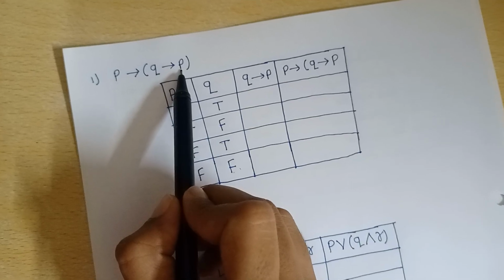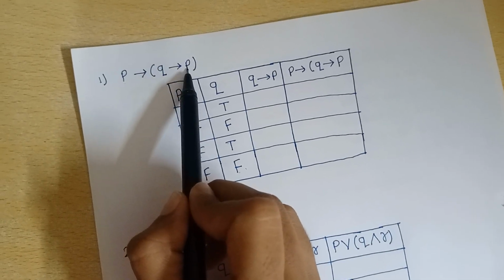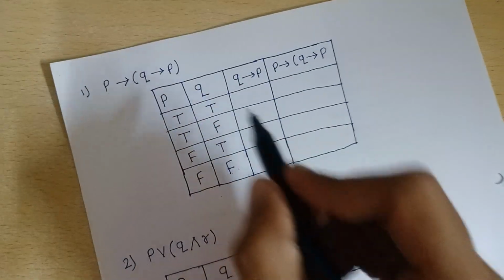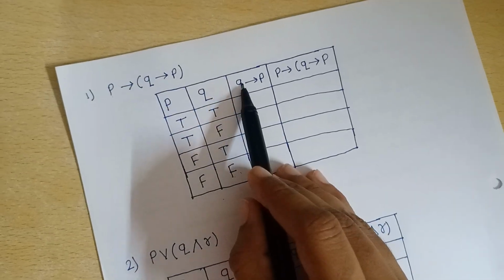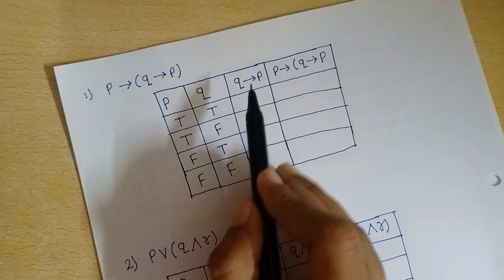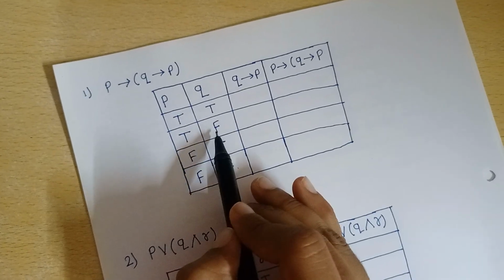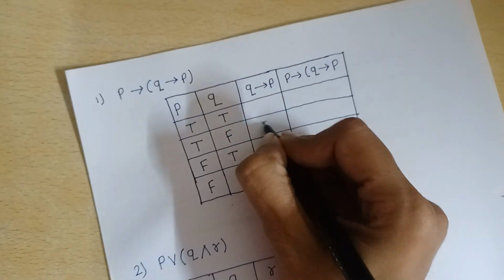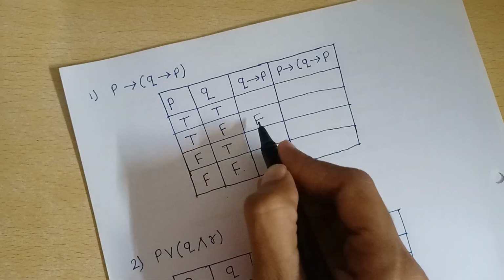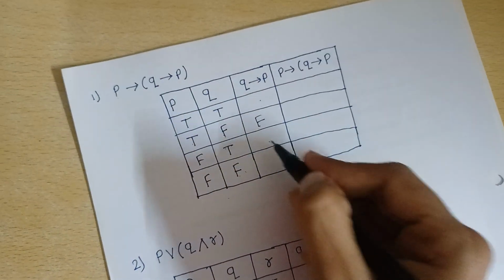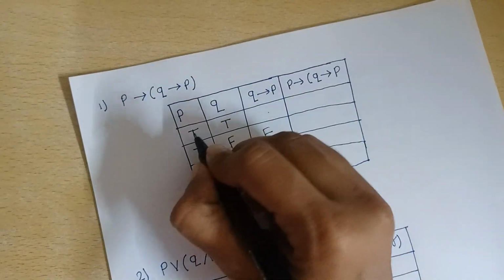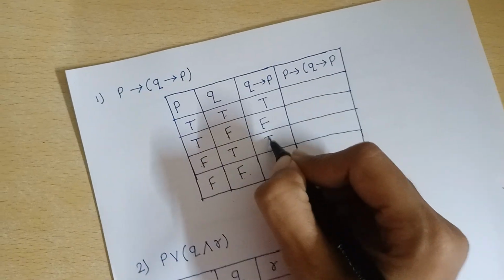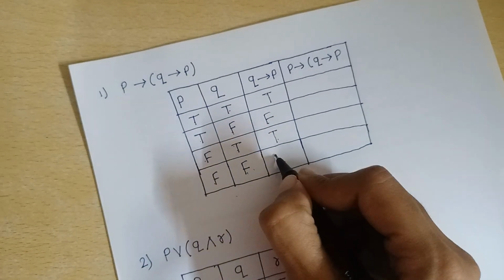That means we have to cover first Q implies P because this statement is enclosed within a bracket. Therefore, we know the implies method. If direction goes from T to F, then it will become false. We will apply this logic: true to false becomes false, and the other combinations will be true, like true to true becomes true, false to true becomes true, also false to false becomes true.